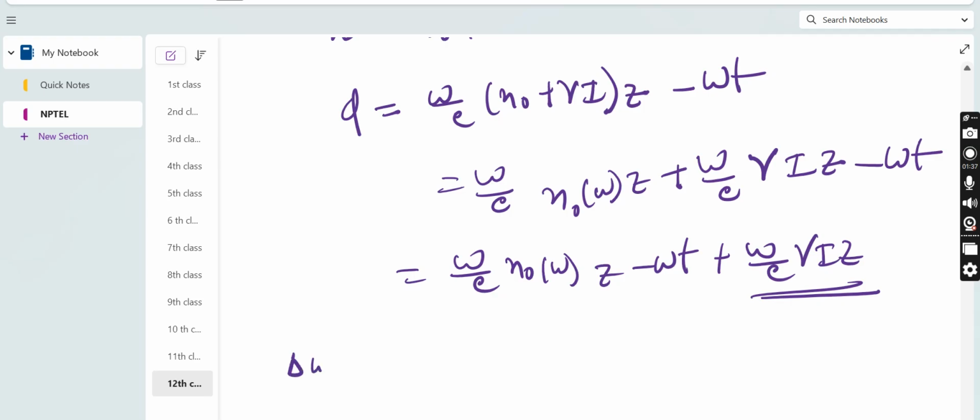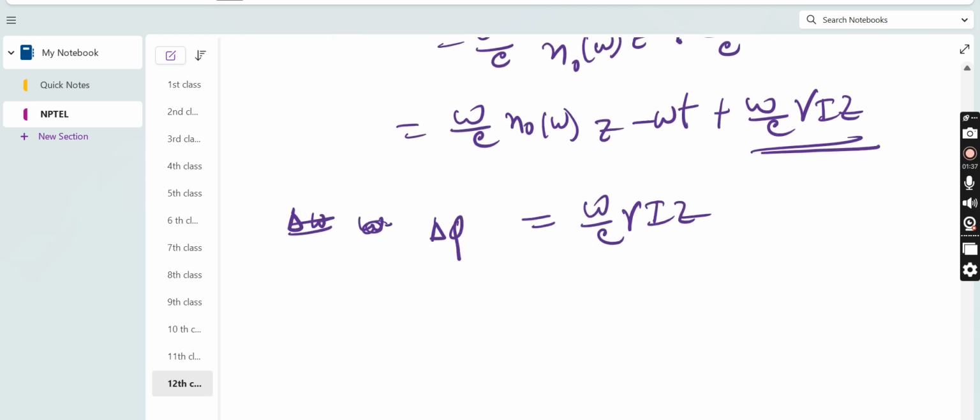So we know the instantaneous frequency is d phi by dt. So delta phi is here omega by c gamma I z. So delta omega is basically omega by c gamma z dI by dt.